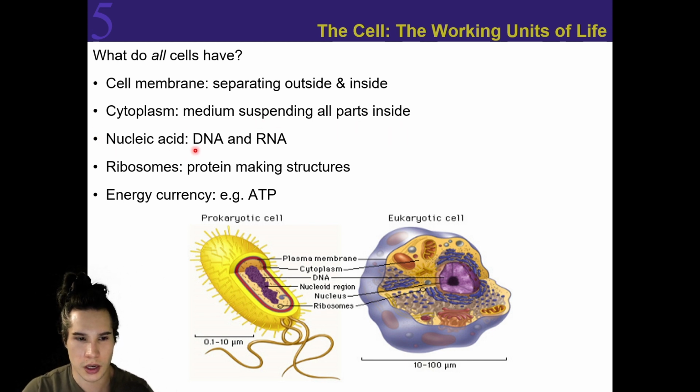And then all of our cells are going to have some kind of genetic material, whether it's in the form of DNA or RNA. And then they're all going to have ribosomes, which are those structures that create proteins, that translate mRNA into protein. And then lastly, everything is going to have some kind of metabolism or the use of some kind of energy currency like ATP.